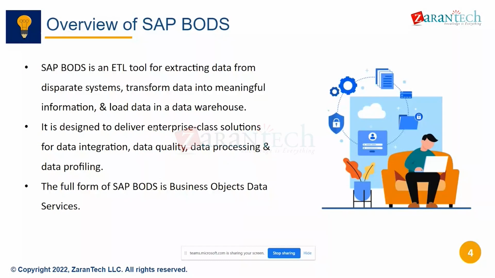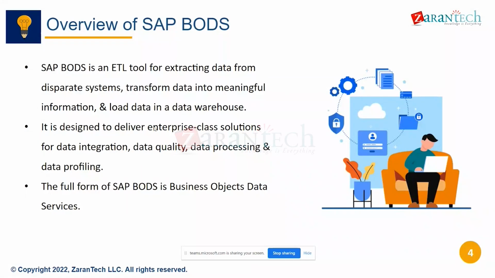Data processing: sometimes no such rules are needed, no such rule was defined. We collect whatever data is coming to us and load it directly into the target table. So this is nothing but replication, or data processing from one system to another system.